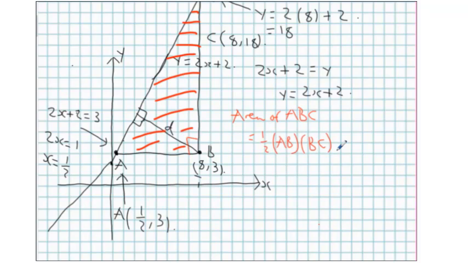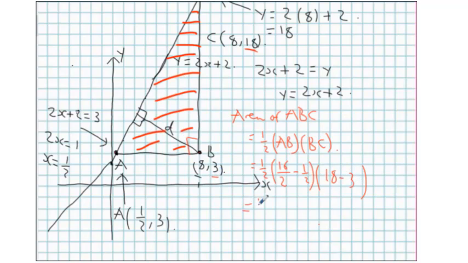That's one way of doing it. AB is going to be, well, it's a horizontal line, so it's 8 minus a half, so that's 16 over 2, which is 8, minus 1 over 2, times BC. Well, that's a vertical line, so we're using the y's. C has a y coordinate of 18, B has a y coordinate of 3, so it's going to be 18 minus 3.